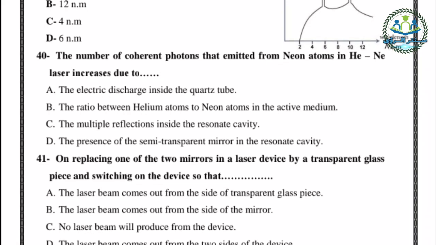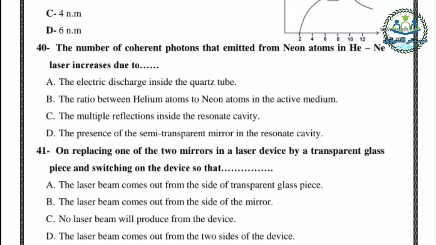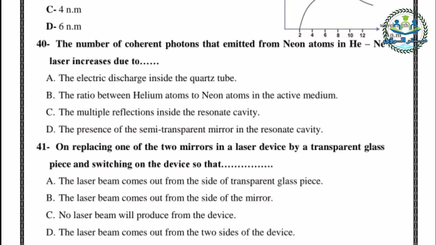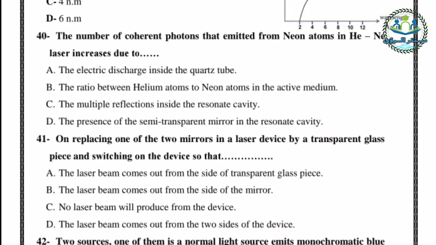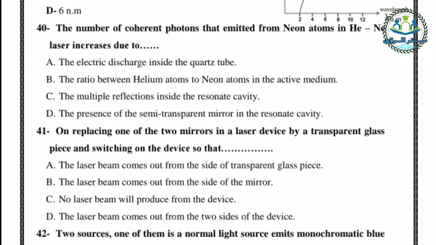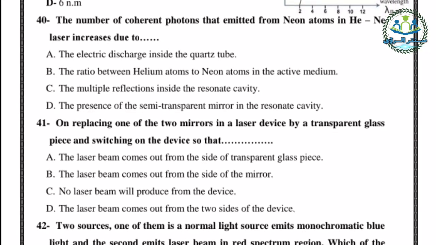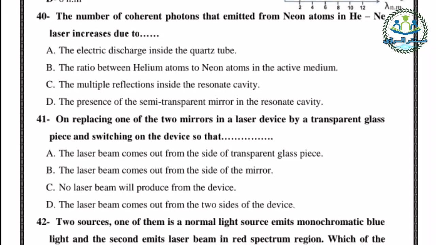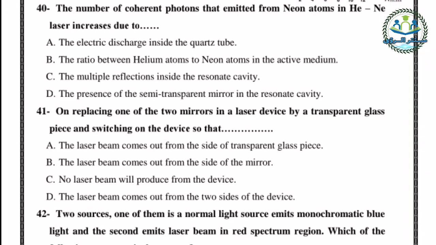41. On replacing one of the two mirrors in a laser device by a transparent glass piece and switching on the device, so that... A. The laser beam comes out from the side of the transparent glass piece.